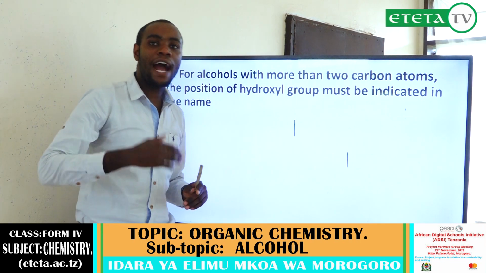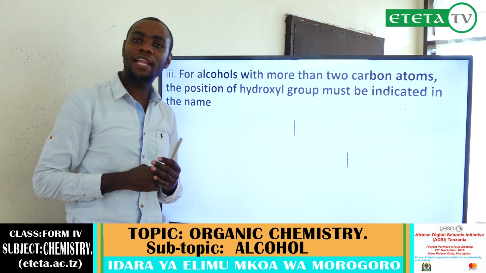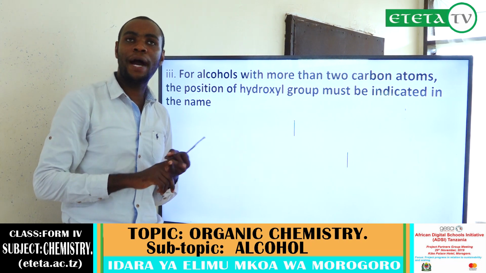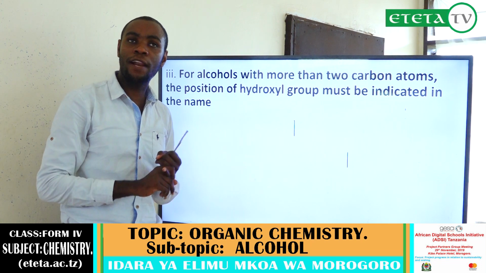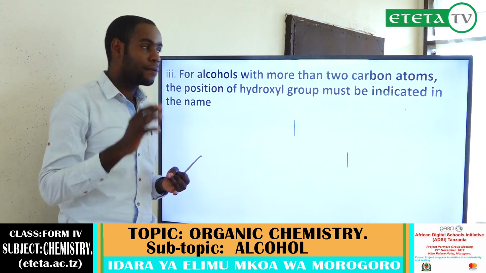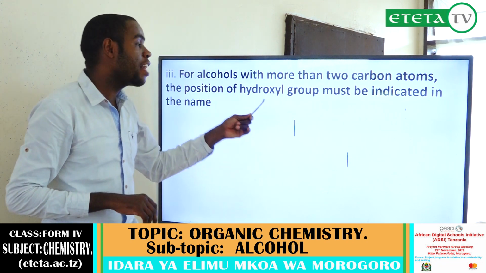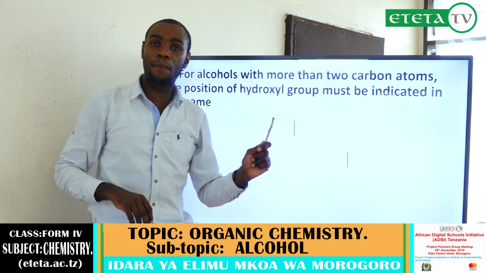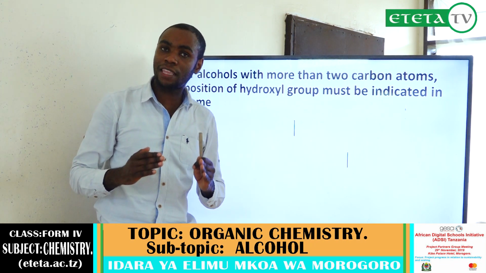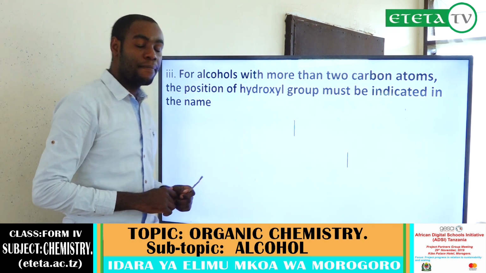In case your alcohol has more than 2 carbon atoms, I mean from propanol, which has 3 carbon atoms, as you go up, the position of the hydroxyl group, what do I mean here? The locator for the hydroxyl group must be indicated in the name.